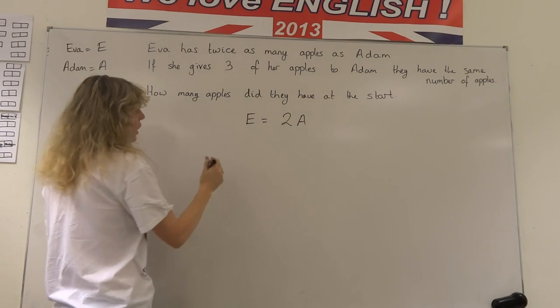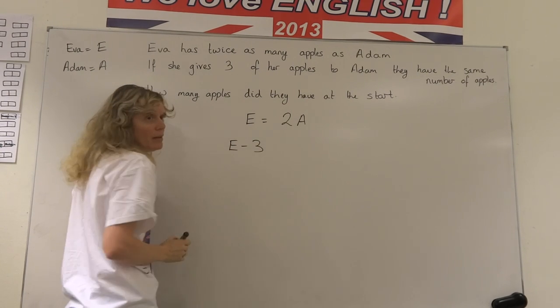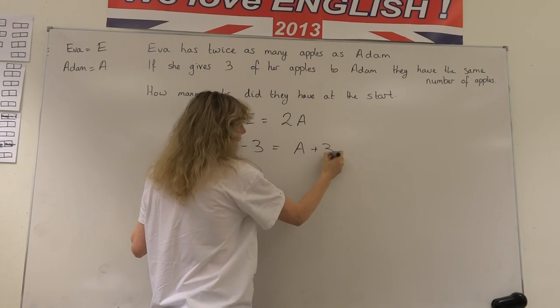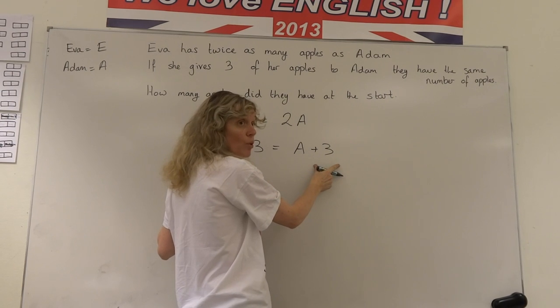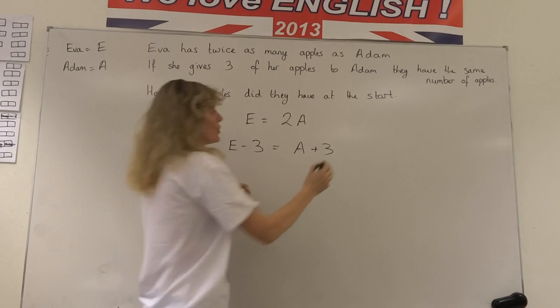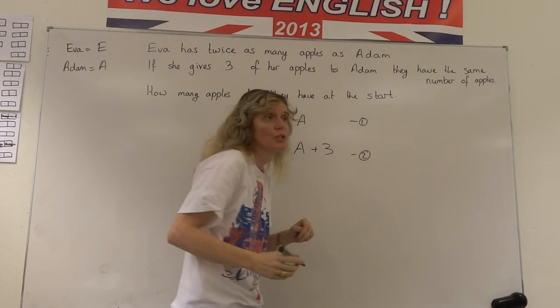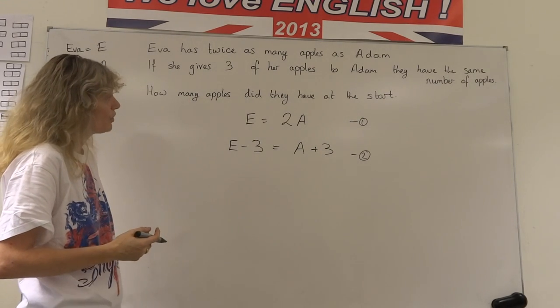But we also know that if we took 3 of Ava's apples away and gave them to Adam, she would get 3 less, but he would get 3 more. We now have 2 equations, equation 1 and equation 2. And if we have 2 equations and 2 unknowns, it's easy to solve.